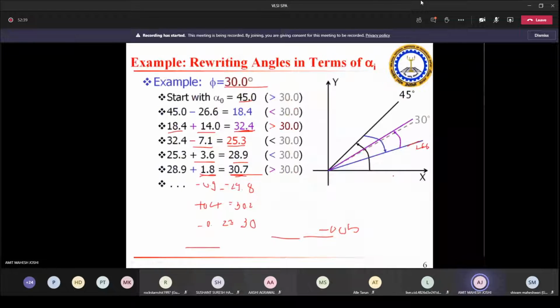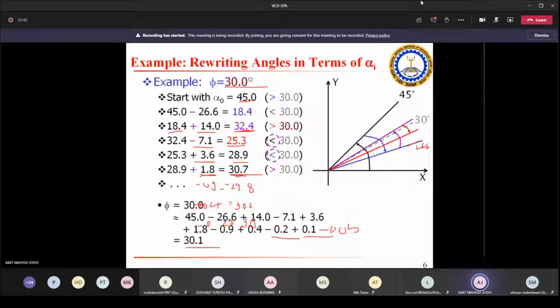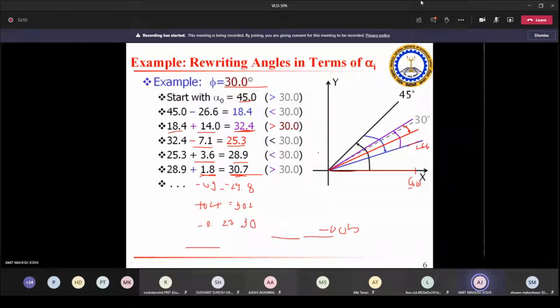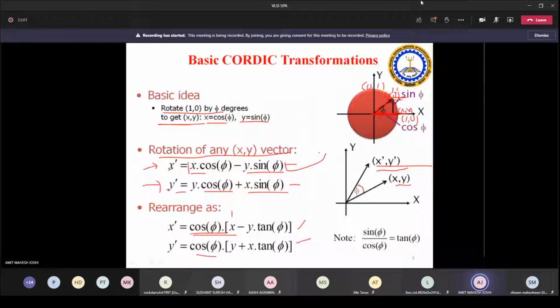I am starting to get my rotation from 1 0, and then I am rotating it, and with that this particular x term is being multiplied. If you see that equation, where this x is getting multiplied over here and over here.